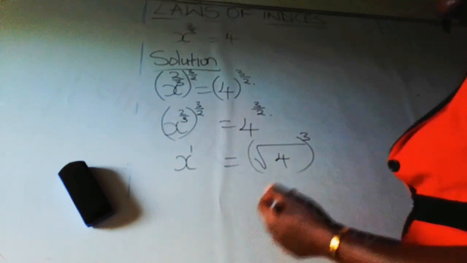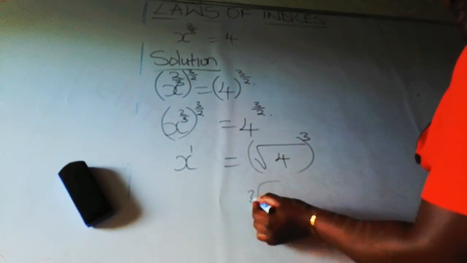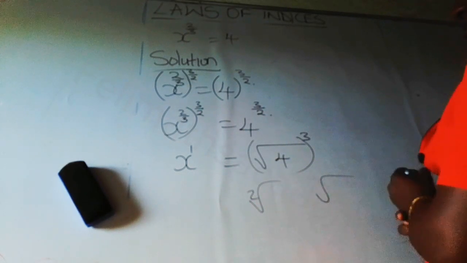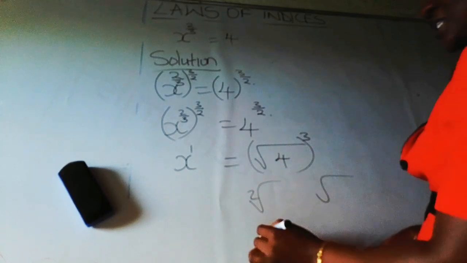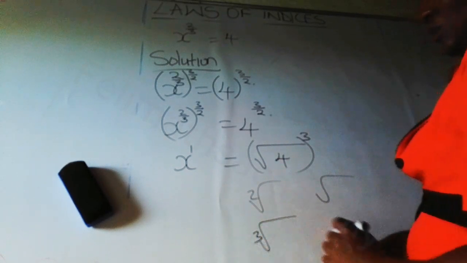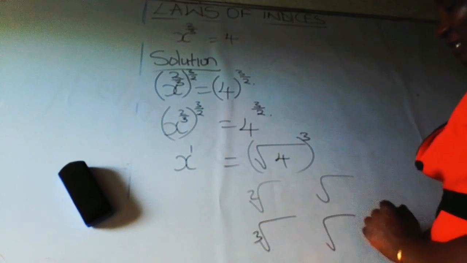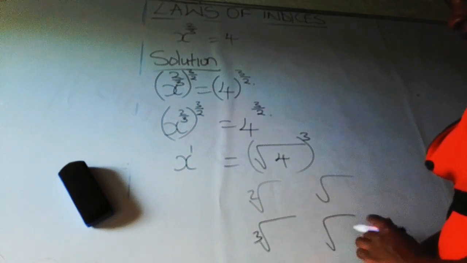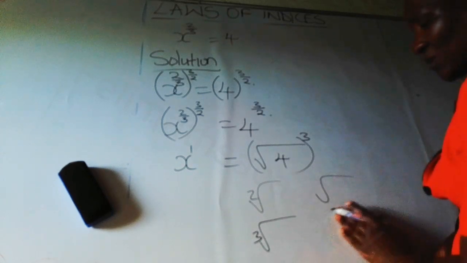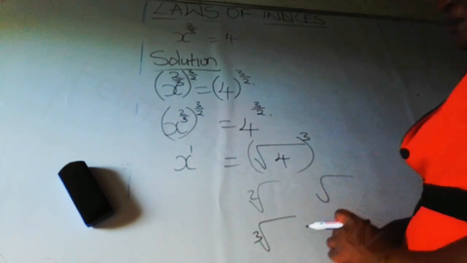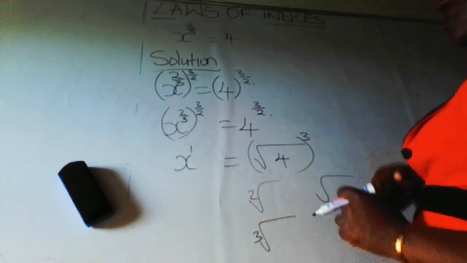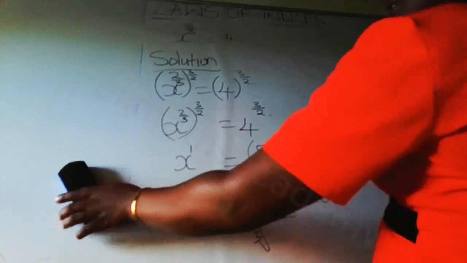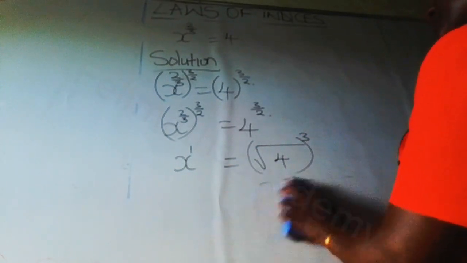The square root is just the same. But you can't leave out a 3 for a cube root. A cube root, you can't leave out a 3 and say this is the same. This is a square root, but that is a cube root. So I think the confusion is cleared there.